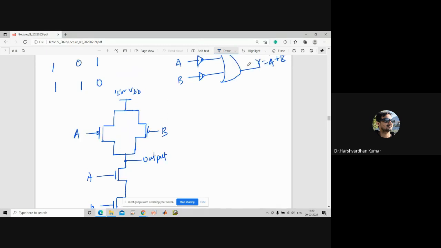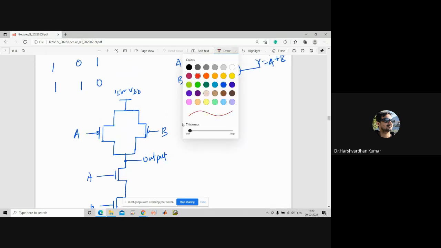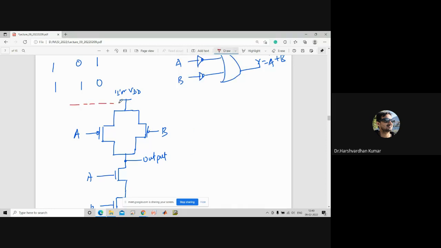If you see the configurations, there are two configurations here, series and parallel both. So the first is the pull up sub circuit.